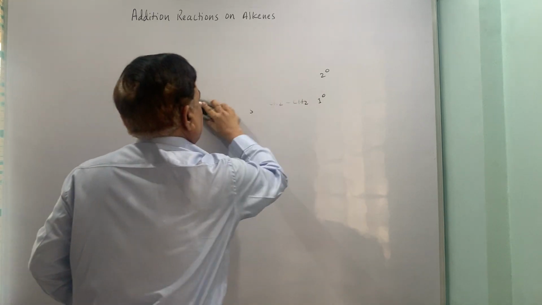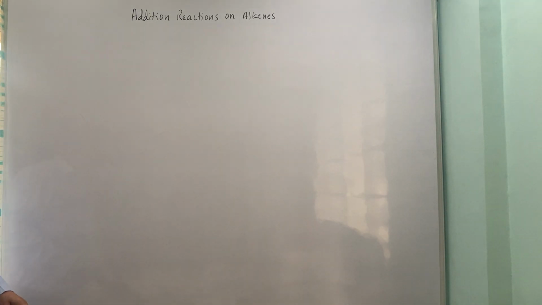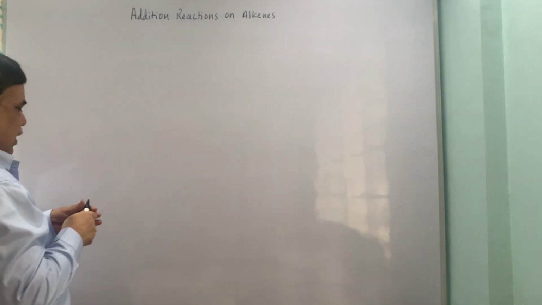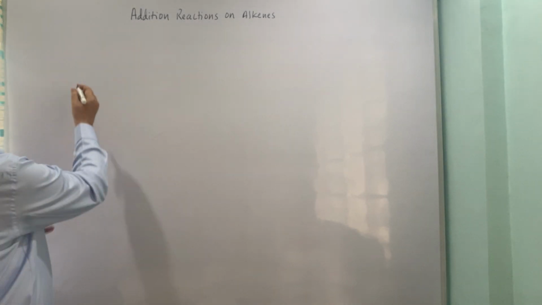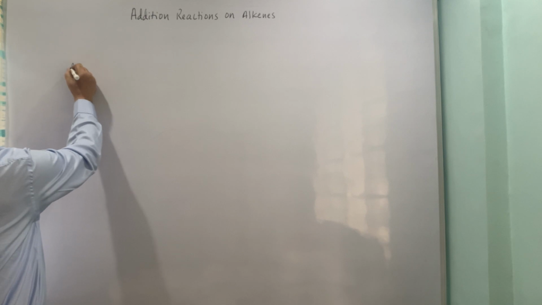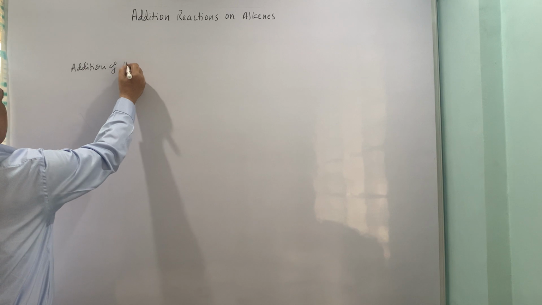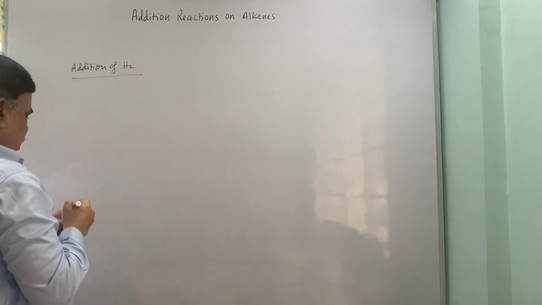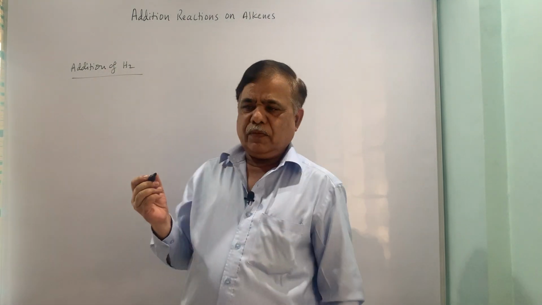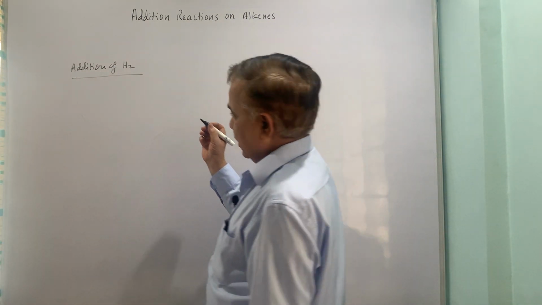Now, starting with the list, we'll go one by one. The addition of hydrogen is there in the list, addition of a hydrogen molecule. Although it is an addition reaction, the exact dipoles are not there, but this is a very important reaction in the sense that it gives a tool for various synthetic sequences.